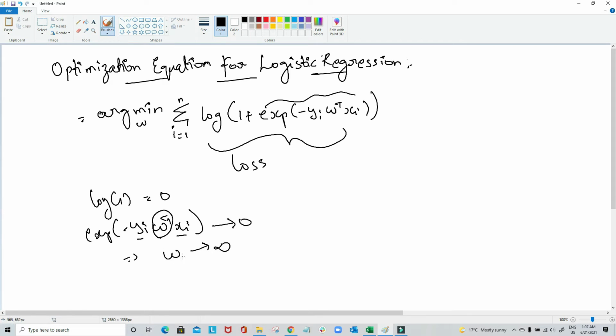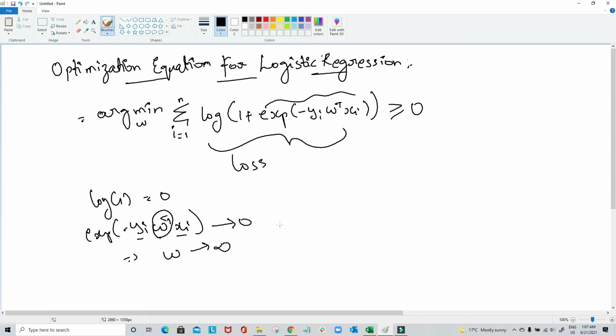So when w tends to infinity, the minimum value for this expression can be attained. And whatever may be the case, this value will always be greater than or equal to 0. So, when w tends to infinity, we get a minimum value of 0.